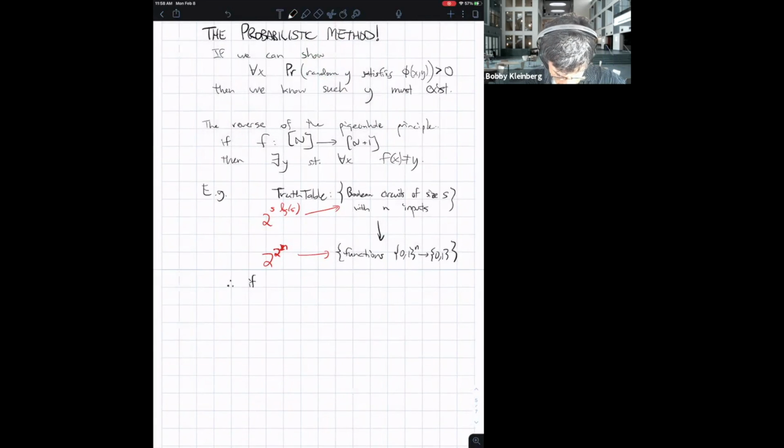So therefore, if s log s is less than 2 to the n, there's a function that has no circuit of size s. The trouble is we just don't know how to find it.